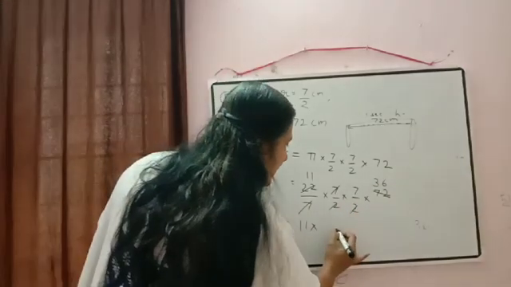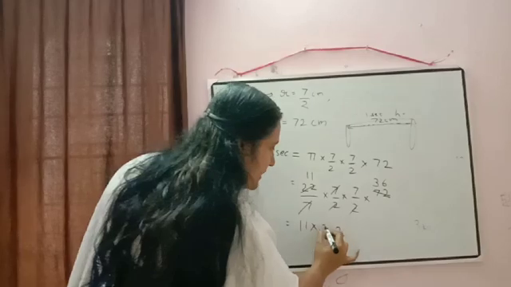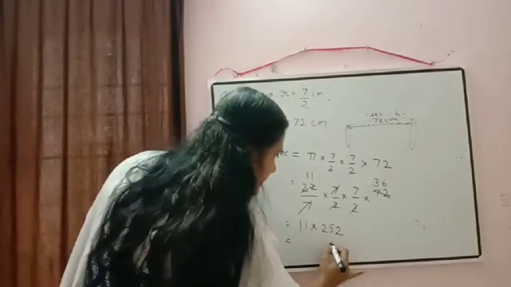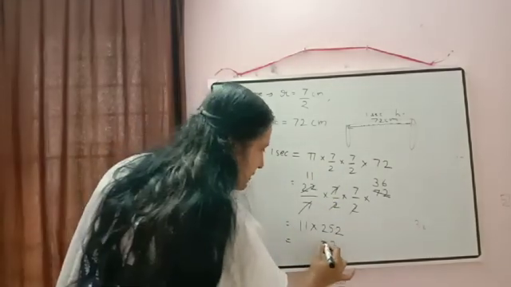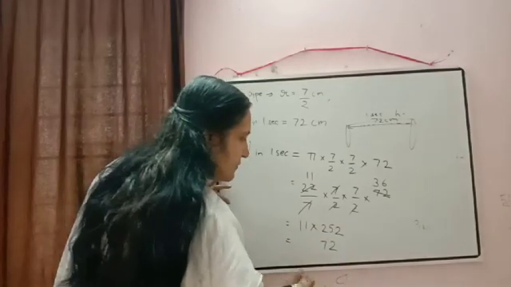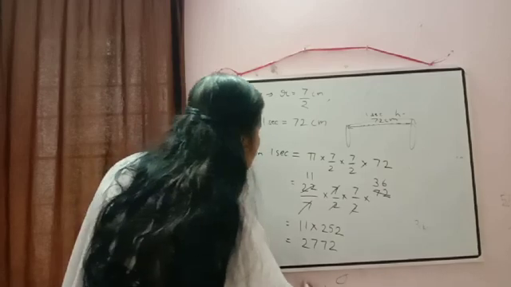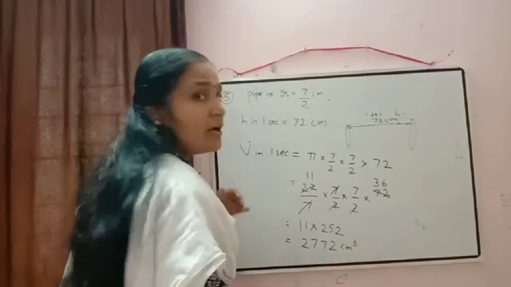So 7 6s are 42, carry over 4, 7 3s are 21, plus 4 will be equal to 252. So 11 2s are 22, carry over 2, 11 5s are 55, plus 2 will be equal to 57, carry over 5. 11 2s are 22, plus 5 will be equal to 27. This is the volume in 1 second, and that is also centimeter cube.